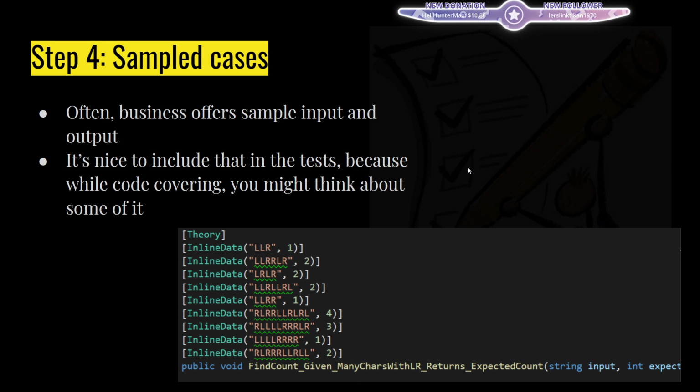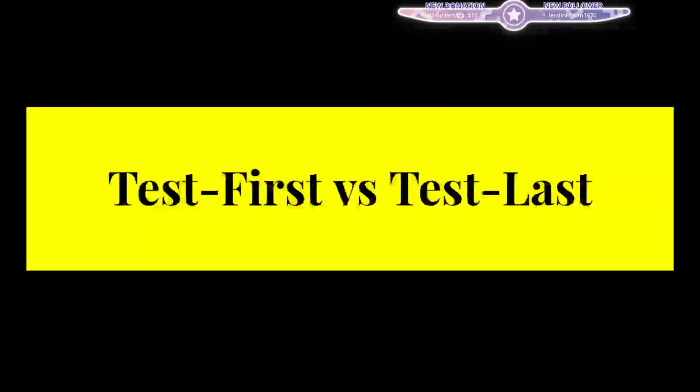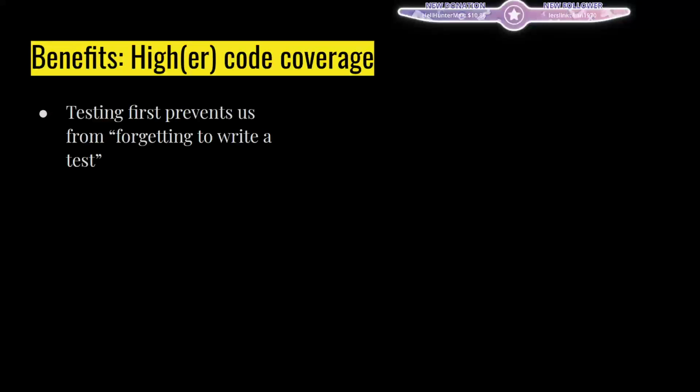That's quite easy. And that's just one more method, but anyways, that is what another method for TDD would look like. And if we do a test first approach, what do we get from it?